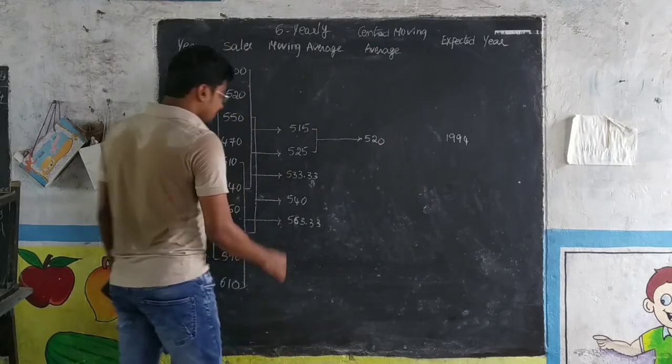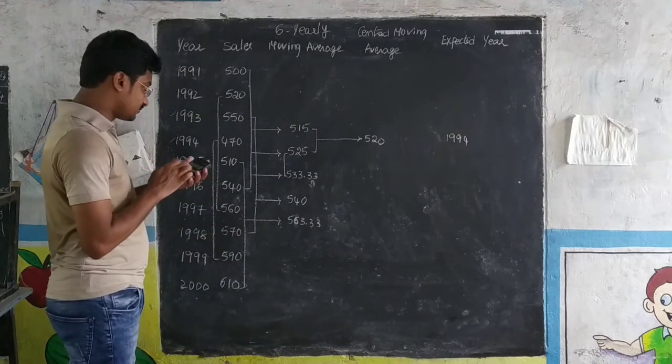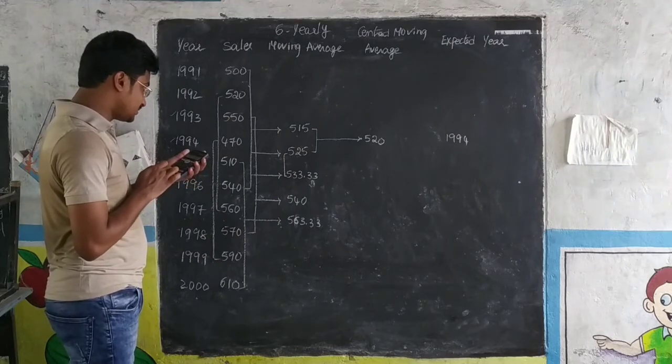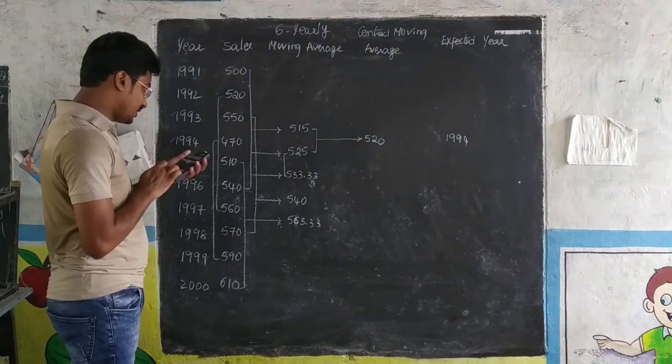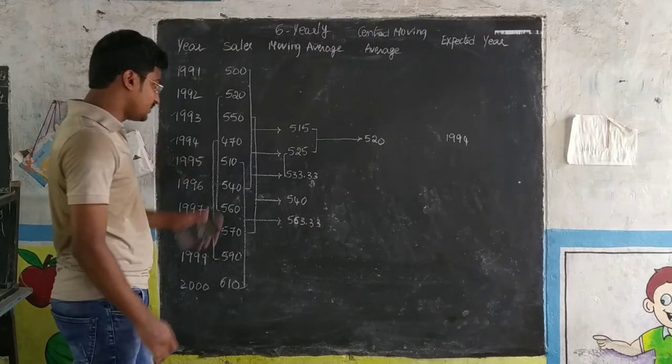Next two values. 525 plus 533.33 divided by 2 is 529.17.